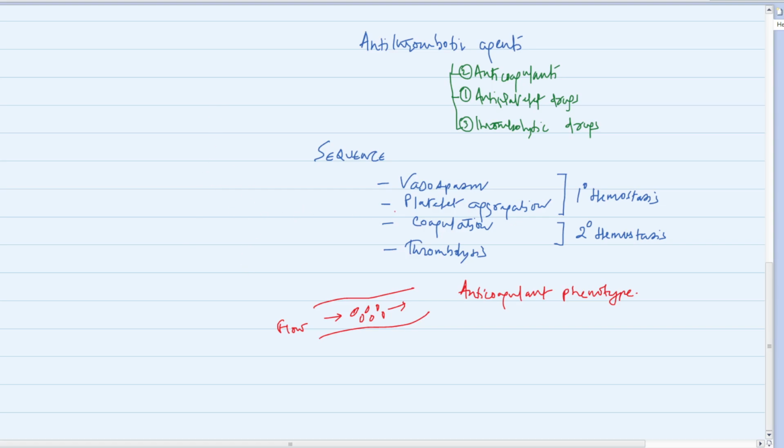So platelet aggregation. How does the endothelium prevent platelet aggregation?